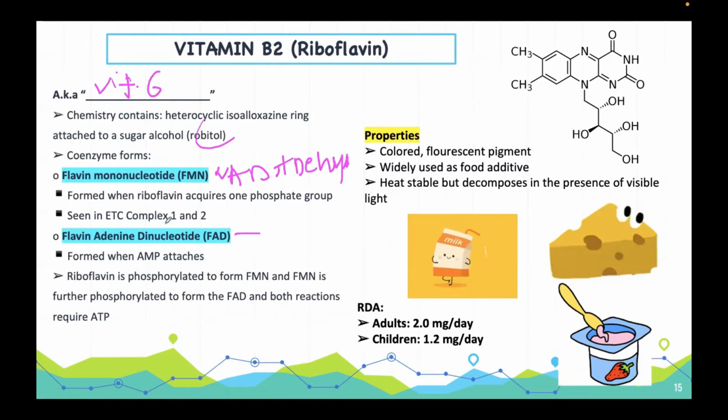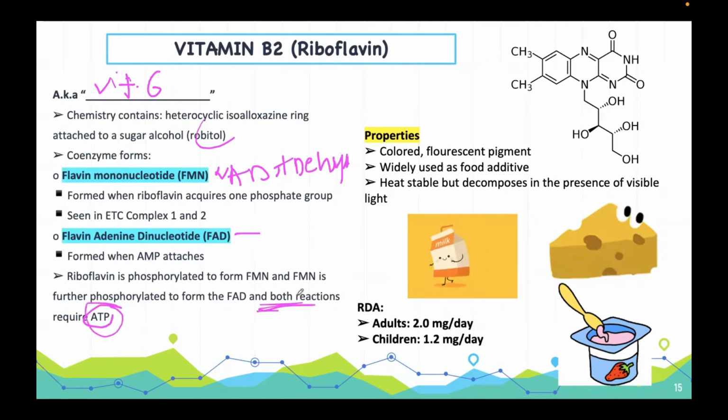Going back to our main discussion, your vitamin B2 or your riboflavin is phosphorylated to form your FMN, and FMN is further phosphorylated to form the FAD, and both reactions require ATP. Okay, it requires ATP.